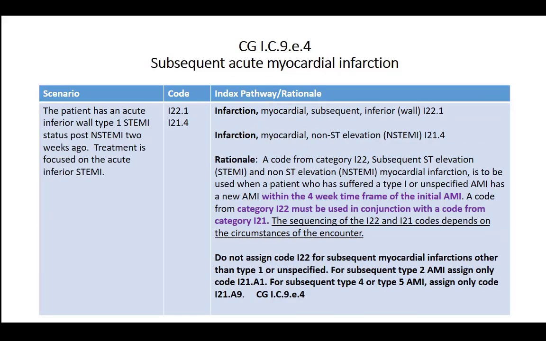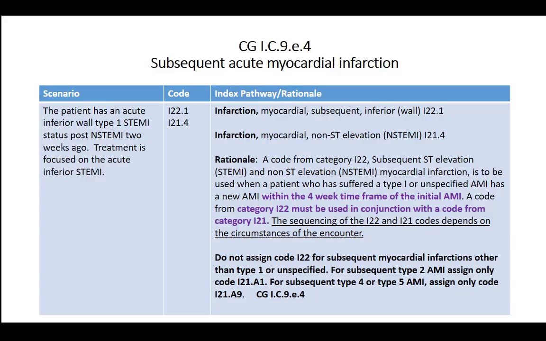In this guideline, subsequent acute MI, the patient has an acute inferior wall type 1 STEMI, status post, or happening after, an NSTEMI 2 weeks ago, and treatment is focused on the acute inferior STEMI. Our main term is infarction.